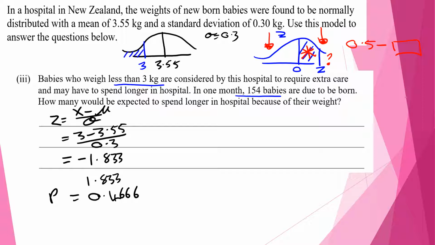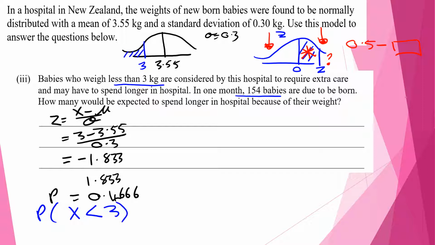Alright, and the last bit of this piece is that I'm just going to write this in full now, we're looking for the probability that x is less than 3.